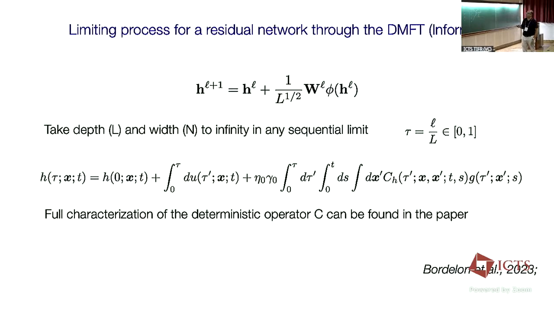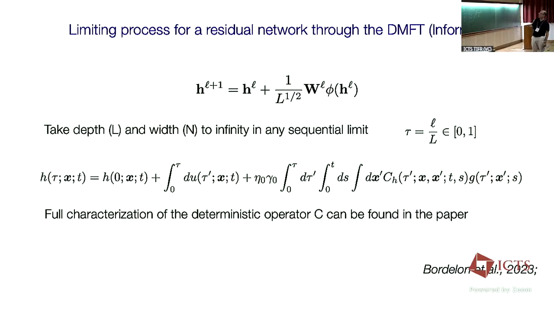So the thing I'm trying to say is the following. In an architecture like this, if I took depth L and width N going to infinity in any sequential limit, meaning you can do this first or this first, you can define an index tau, which is a continuum index that tells you how deep you are. And then your equations get some extra integrals over this. So now your stochastic variable h has all these indices: x is for data, t is for training time, and tau is for depth.